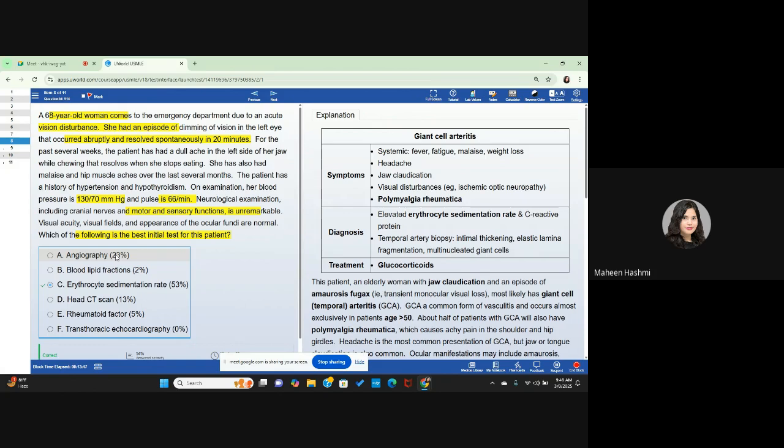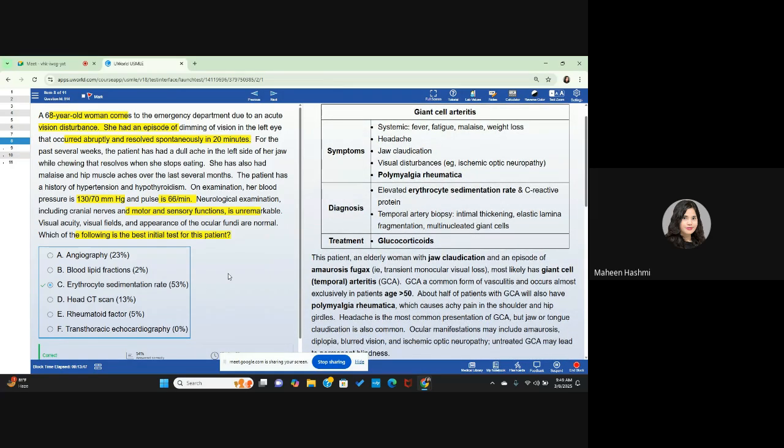You do that and see if there's any blockage of the artery causing amaurosis fugax. So it's not a heart-related pathology. It's a pathology of arteritis. That is why we put ESR, and the other thing would be biopsy.